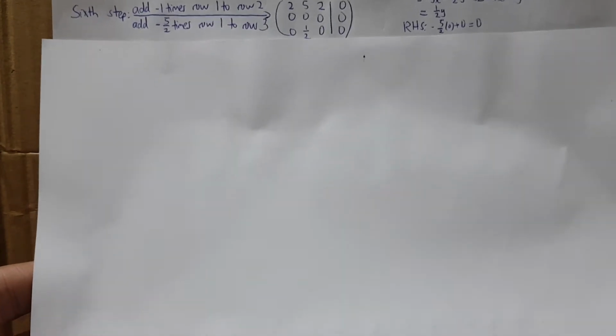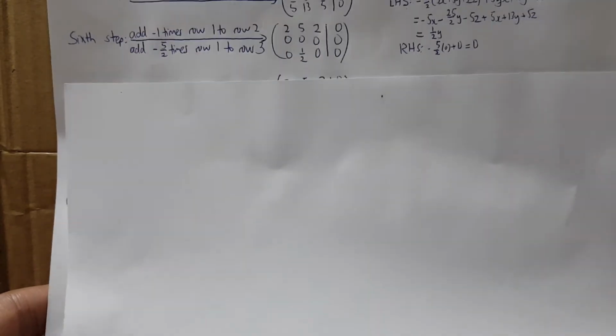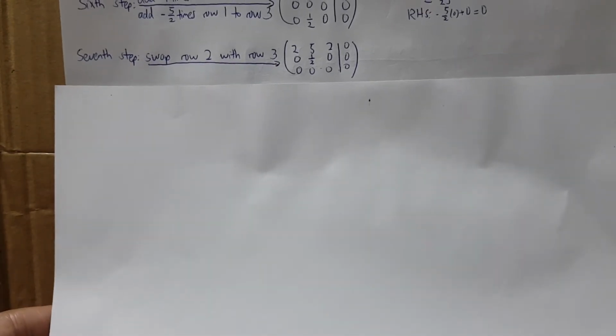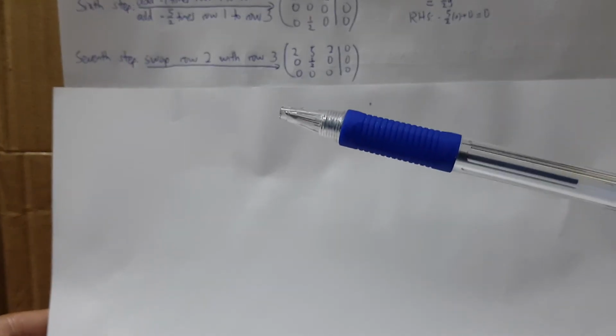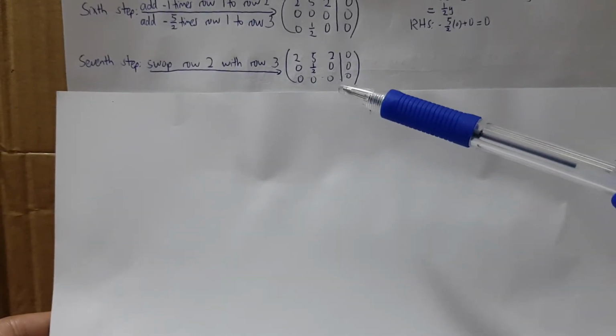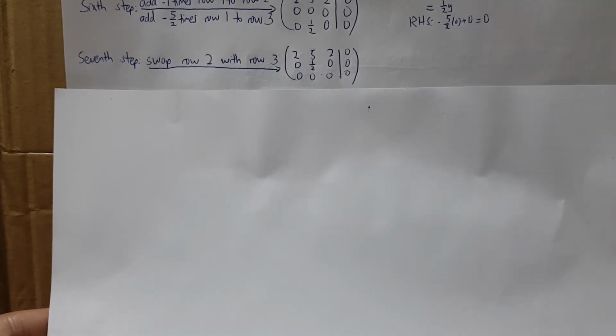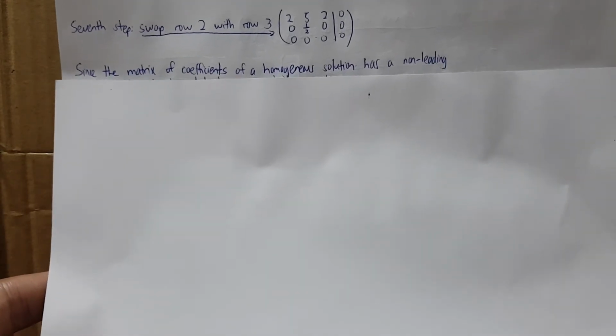And after this, we can swap row 2 with row 3 and we can get our system in echelon form. Hence, we can solve the system.